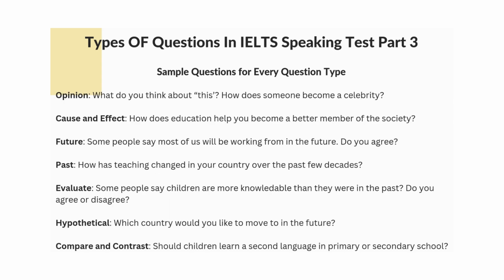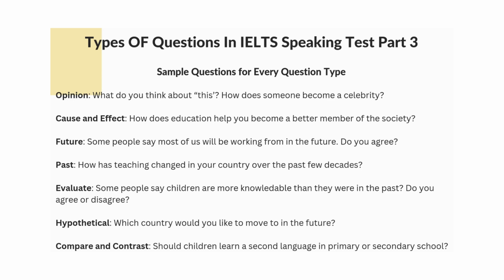Okay, so these are sample questions for every question type. For example, opinion. What do you think about this? How does someone become a celebrity? In this type of question, you have to give your opinion. You can list reasons, or your answer could consist of anything.